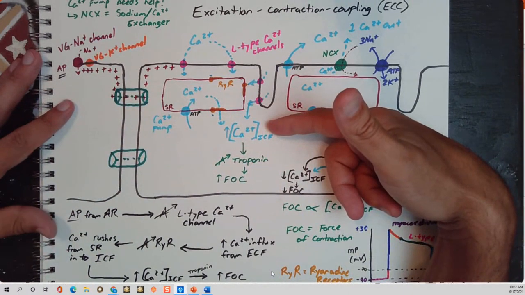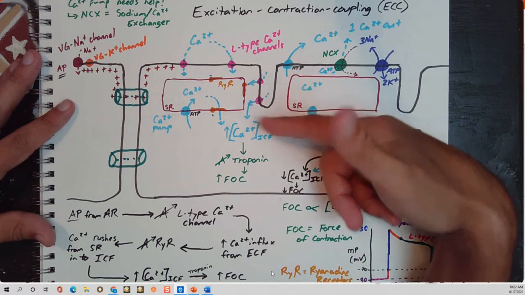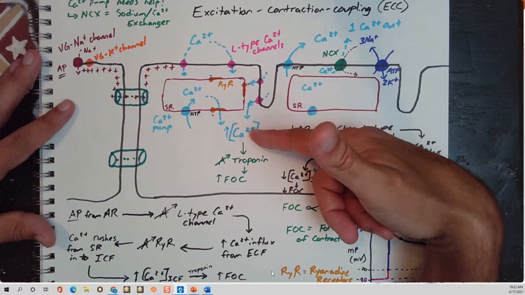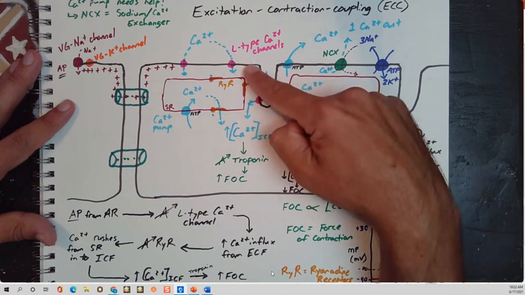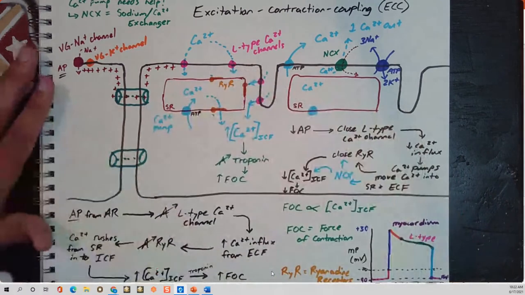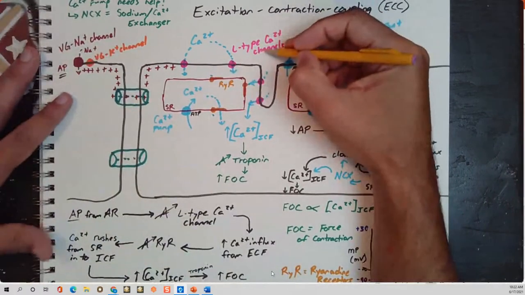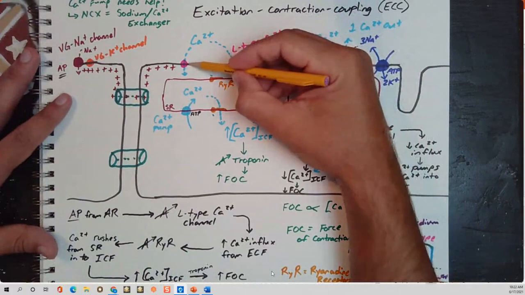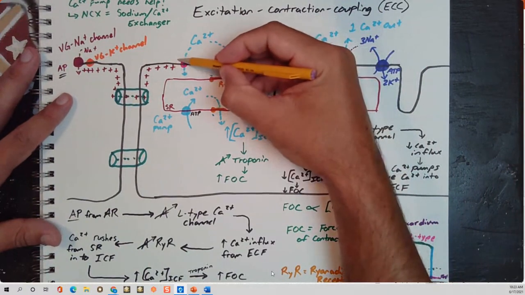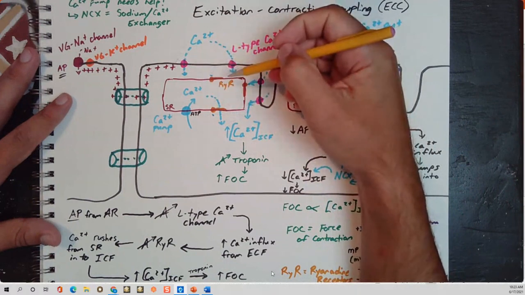And that's exactly how the sympathetic nervous system is going to function. The sympathetic nervous system is going to make it so there's more calcium. It's going to hold the L-type calcium channels open just a little bit longer. When would the L-type calcium channels normally close? When the action potential stops, right? True story?